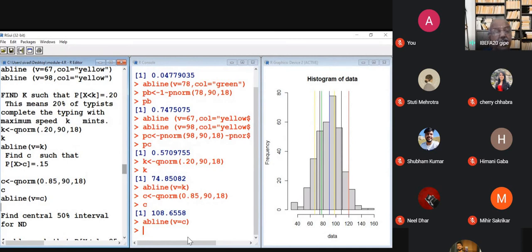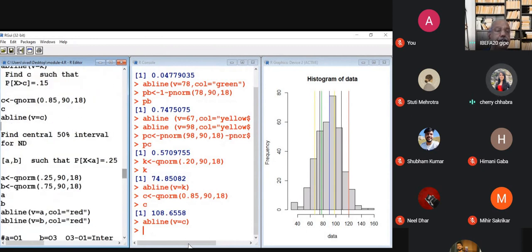Find the central 50% interval. What does it mean? Anybody? So what is a confidence interval? It is where we can say that the true value of the mean would lie between these two values.